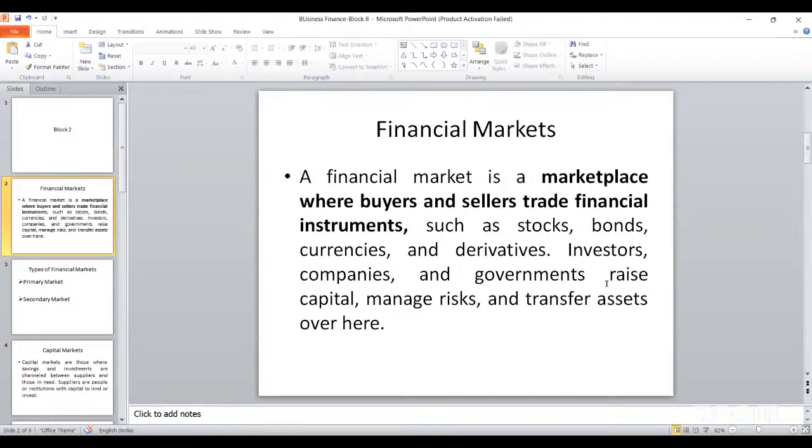Investors, companies, and governments raise capital, manage risk, and transfer assets here. In simple words, a financial market is where we sell financial instruments. What are financial instruments? Stocks, bonds, currencies, derivatives, whatever is traded. That particular place we call a financial market.